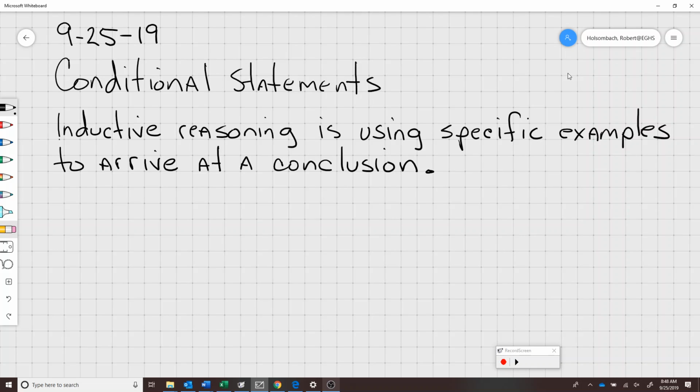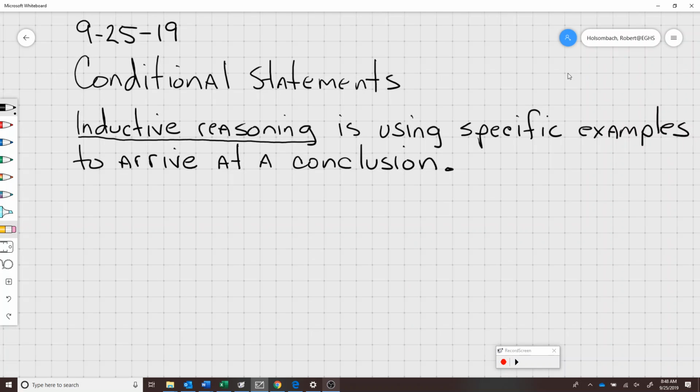Inductive reasoning: using specific examples to arrive at a conclusion. And you use inductive reasoning all the time, every day, multiple times throughout the day. It's just geometry decided to give it this name.